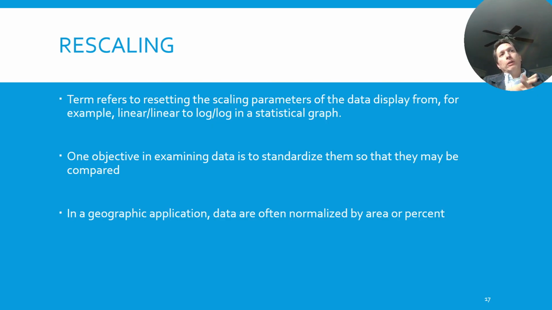Rescaling is a term that refers to resetting the scale parameters of the data. Then we can have linear, we can have log, or we have graphs that are represented in different scales.